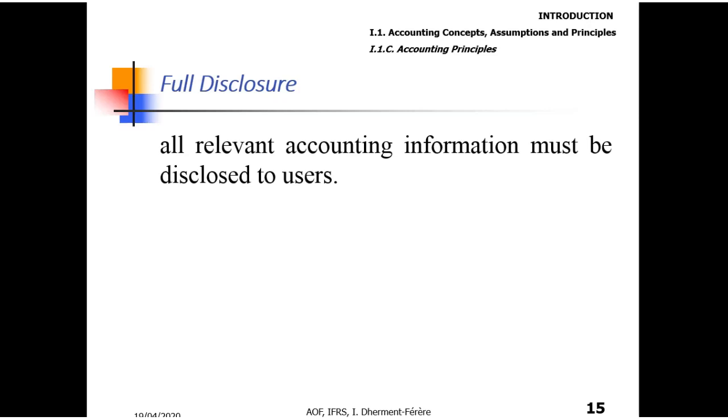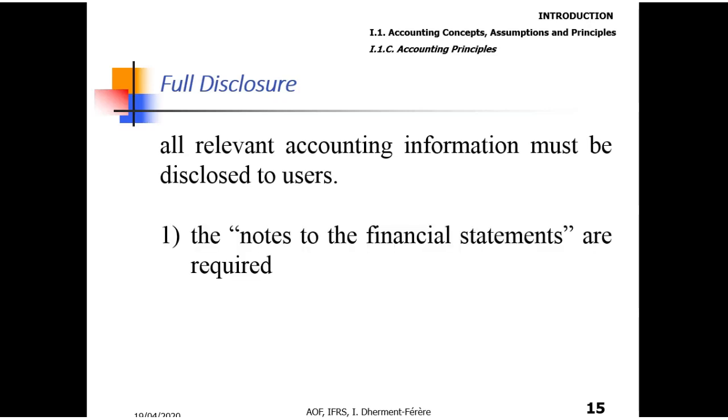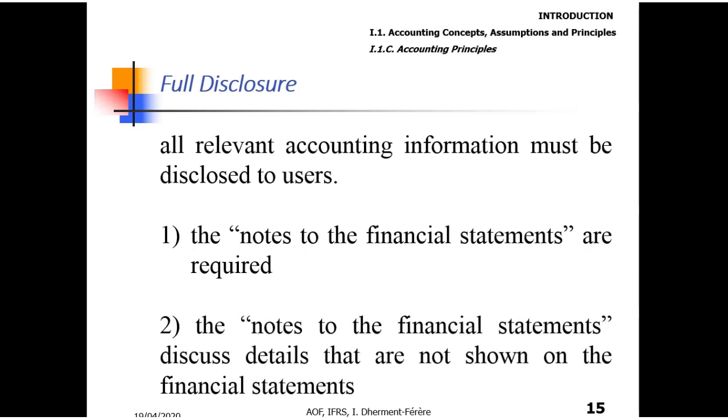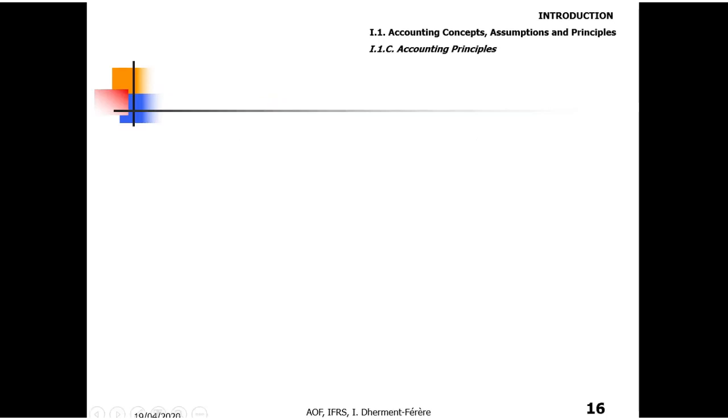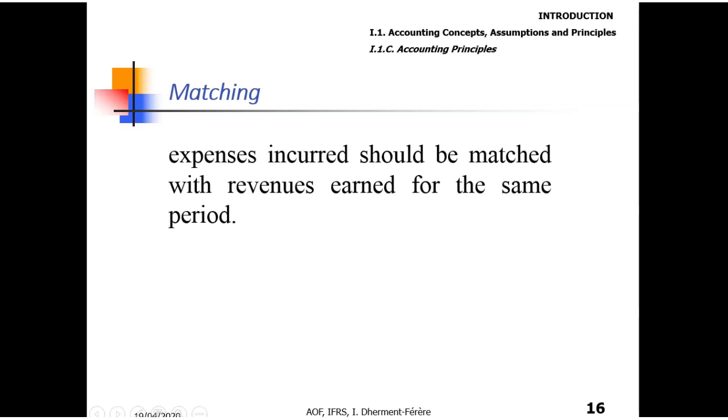All relevant accounting information must be disclosed to users. The notes to the financial statements are required, and they discuss details that are not shown on the financial statements. Matching. Expenses incurred should be matched with the revenues earned for the same period.